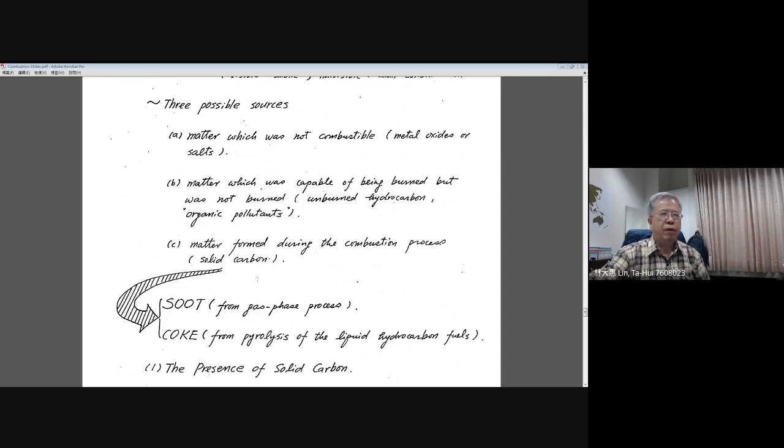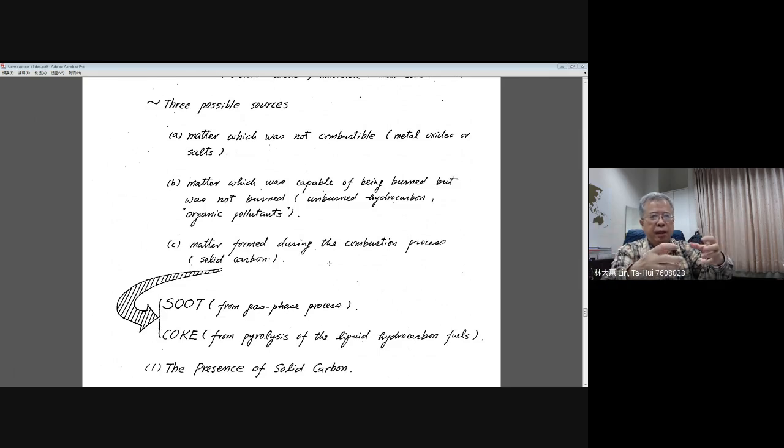Those materials are formed during the combustion process because hydrocarbon fuels will absorb heat, and the chemical chains will be broken to release carbon atoms and hydrogen atoms. In this process, carbon atoms are freely released from the original hydrocarbon fuel, but they will have a chance to meet other carbon atoms.